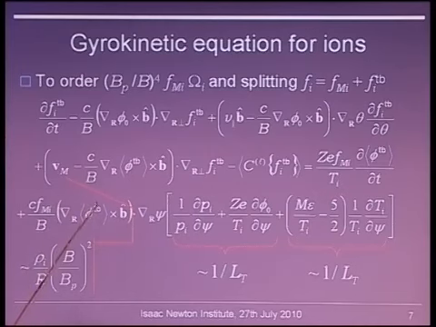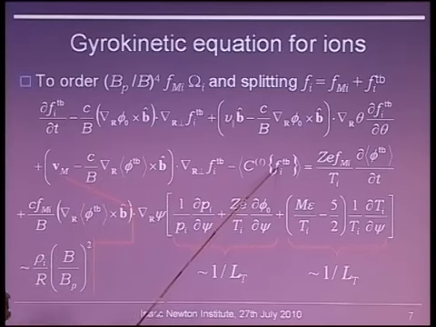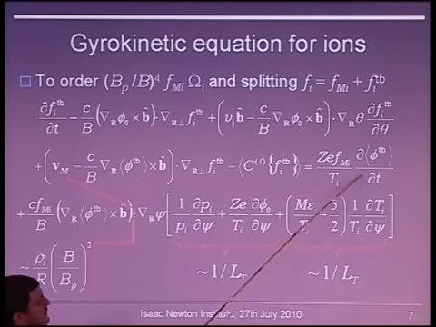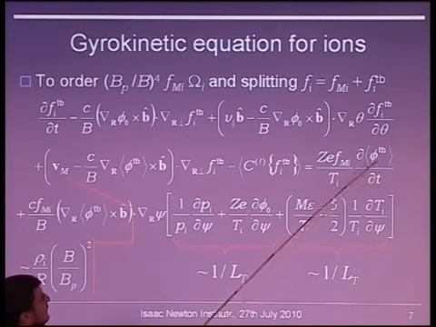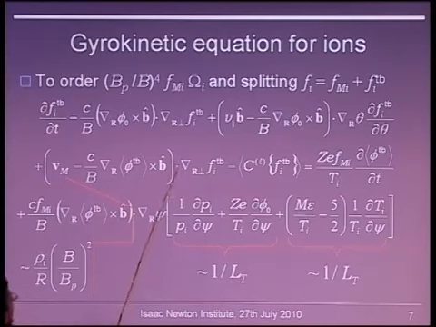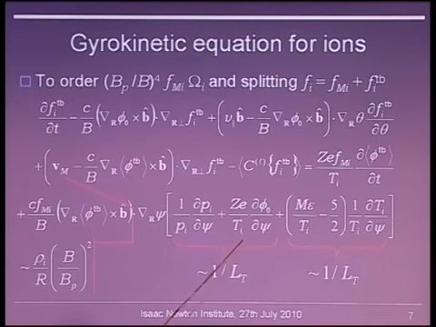Then the nonlinear term, the typical nonlinear term, and the collision operator. This comes from energy conservation. The time derivative of the potential comes in, and then we have the typical drive terms in gyrokinetics. But now we have to be careful, because we are ordering the density gradient differently from the temperature gradient.